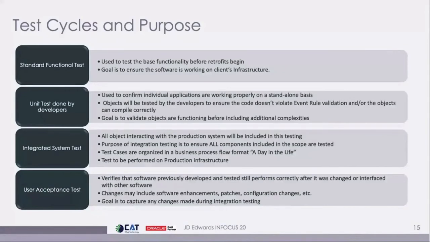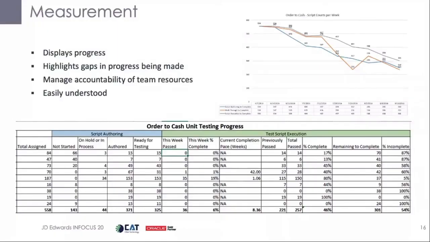How many tests have I authored? How many have I executed? When would I be complete? What are my remaining numbers? We use a burn down type of graphic to support that, as we start with 500. As we're going through, we want to knock that down, or burn that down, to 0. It's very important that with this type of measurement you're able to display the progress and highlight the gaps in the progress being made.